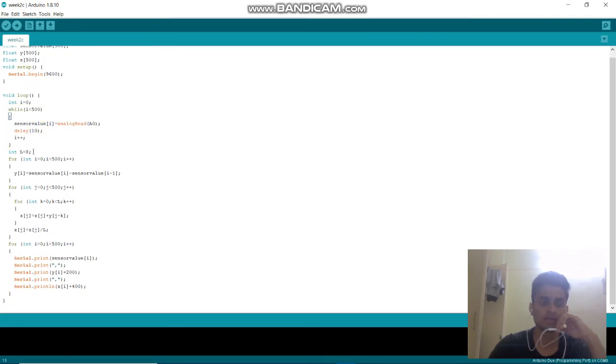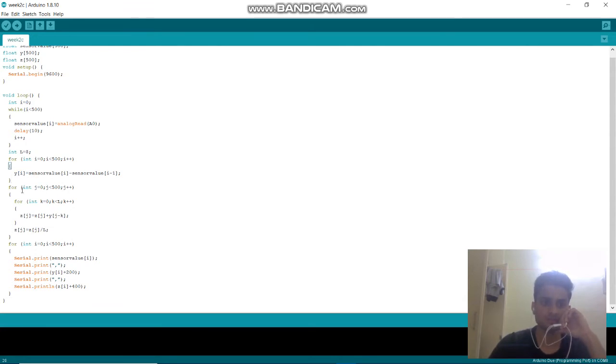Now L equal to 8, we initialize the length of the moving average filter as 8. In this line of code we implement a derivative filter on the sensor value, and yi will be a variable which will store the derivative filter's output signal.